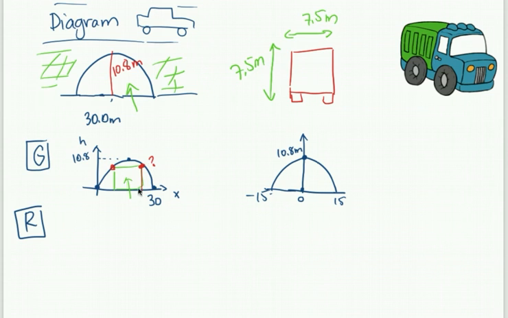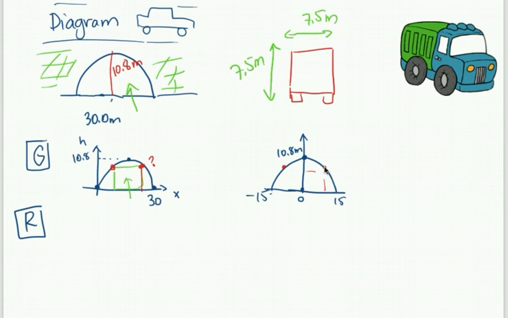Because if we're going to drive it right through the middle like that, if we can figure out what this point is of the truck here, then we could figure out if it's going to make it through. So if we could figure out where this point is on the parabola, we do know the height of the truck is 7.5 meters, right?